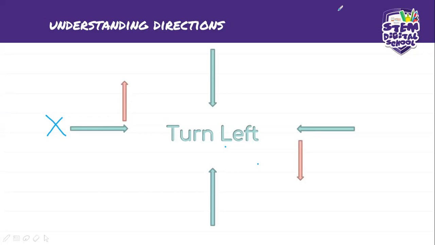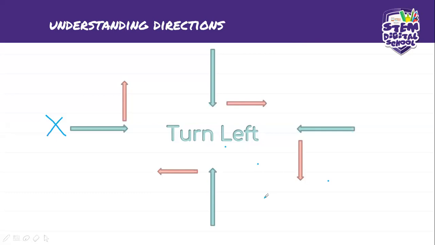And then the last one, if we're coming from the bottom end of our screen and we're moving upwards, then turning left means we are actually going to turn left on our screen as well. But if we are coming from the top of our screen, if we are going to turn left, you have to remember which way am I facing. I'm coming down, so I am looking towards the bottom end of the screen. I will be going towards the right of the screen.